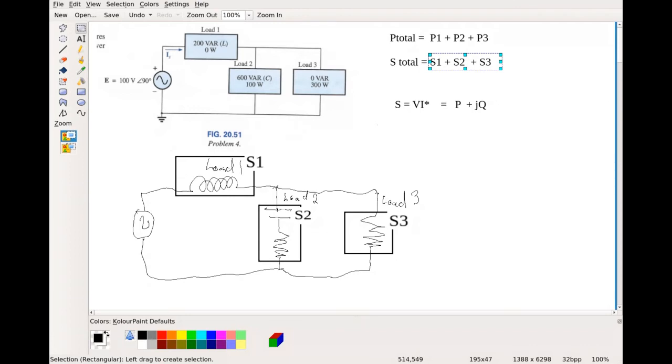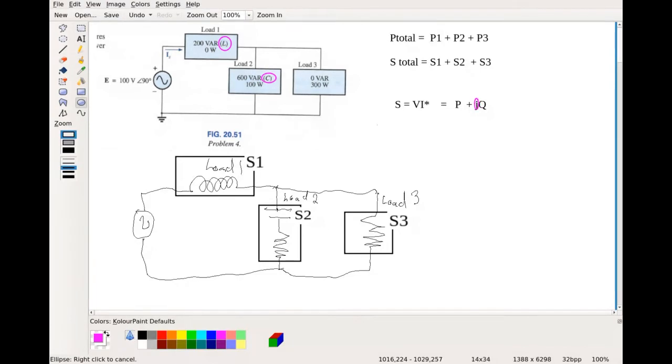But remember, there are j's in here. If there's an inductor piece, that's a positive j, and if there's a capacitive piece, that's a negative j. When you're adding this, you have to remember that there's that imaginary portion for the Q.